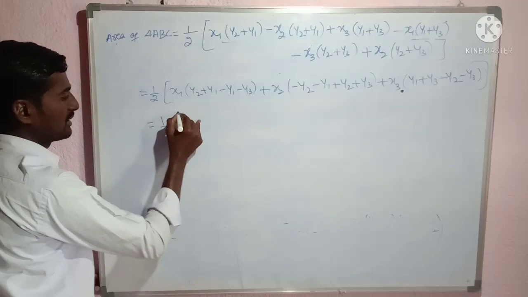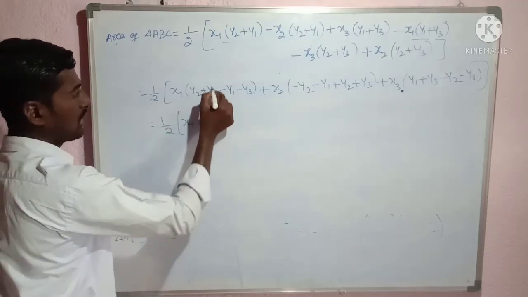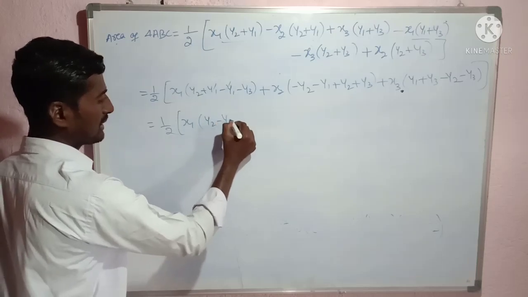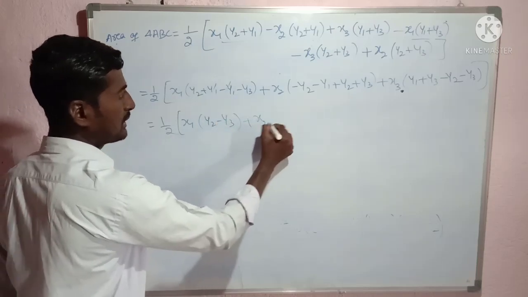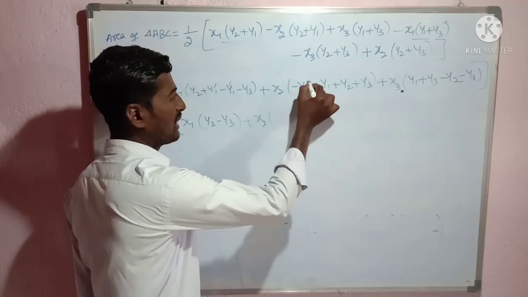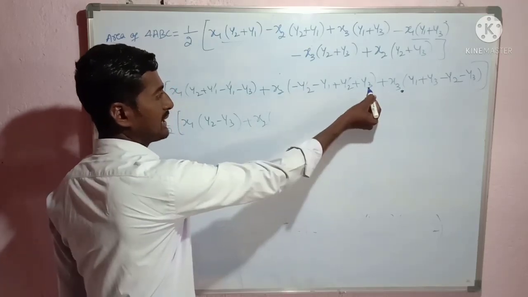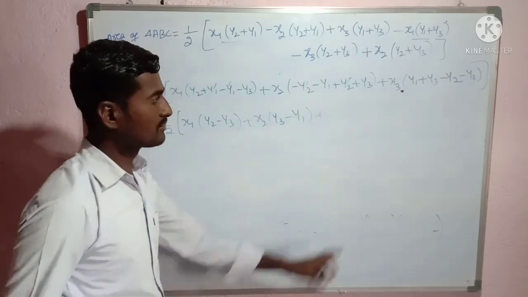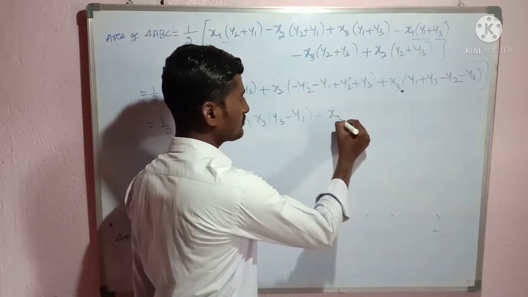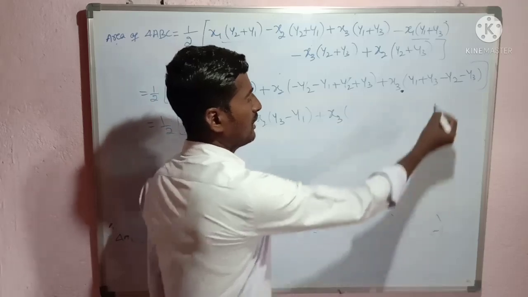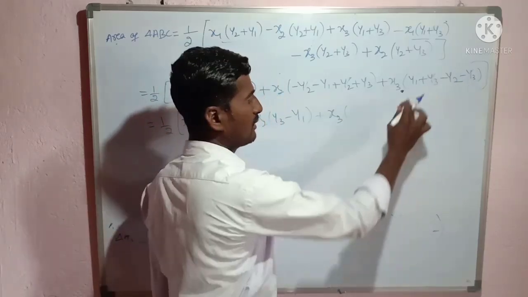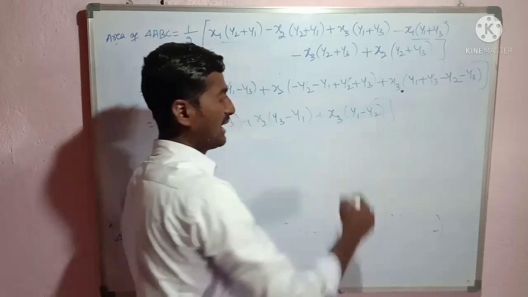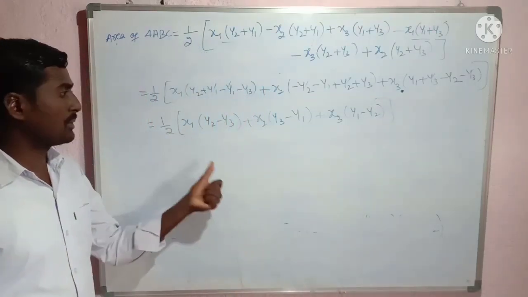Cancel the terms. So x1 into, here y1 will get cancelled, so y2 minus y3 we will get. Plus x2 into, here y2 will get cancelled, what will be there? y3 minus y1. Plus x3 into, now y3 will get cancelled, y1 minus y2. Okay. So as we know the formula, the same formula we got.